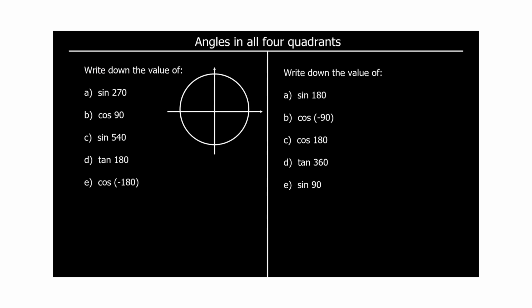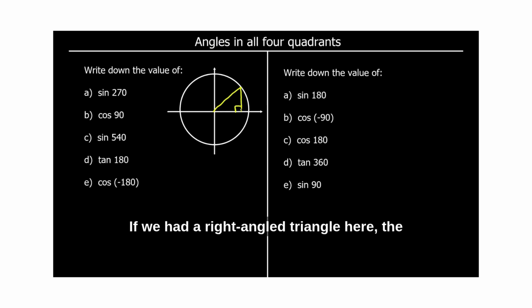This question says write down the value of, and gives us some different ratios to write down the value of. So sine 270. So remember, if we had a right angle triangle here, the angle is theta here.